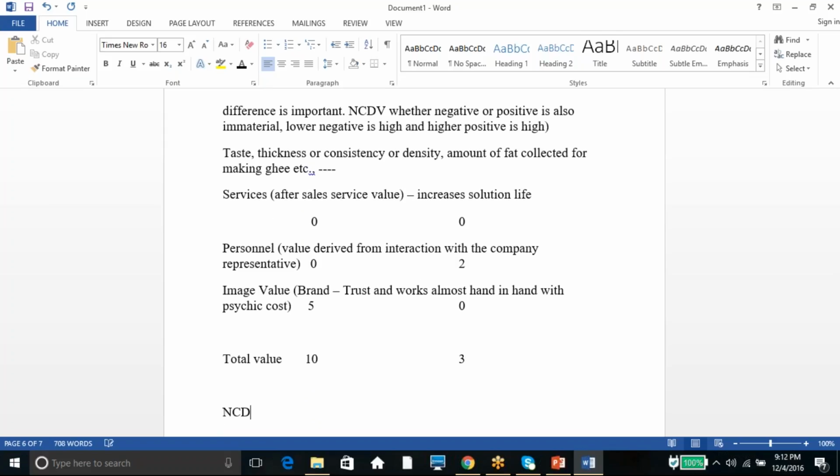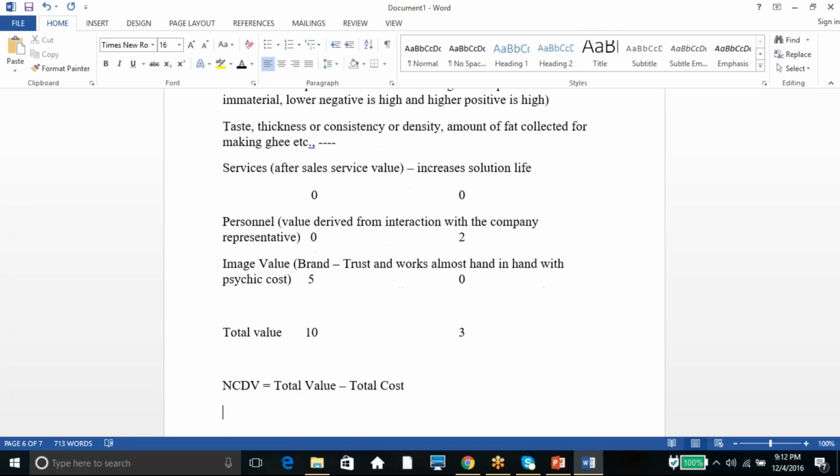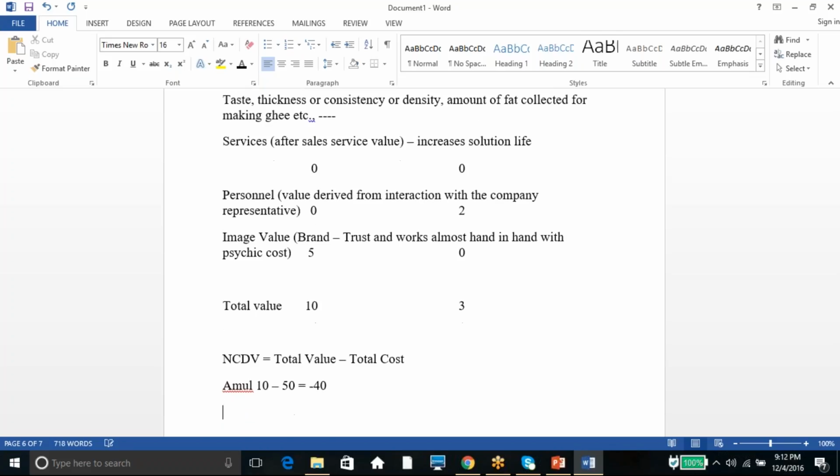So NCDV is equal to total value minus cost. For Amul it is 10 minus 50, which is minus 40, and for Mother Dairy it is 3 minus 55, minus 52.